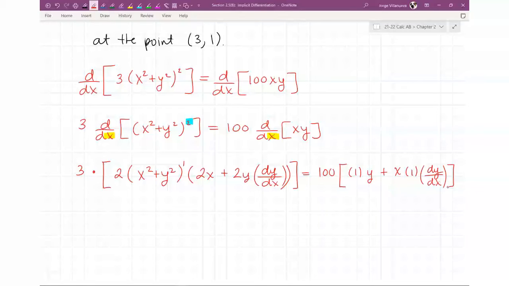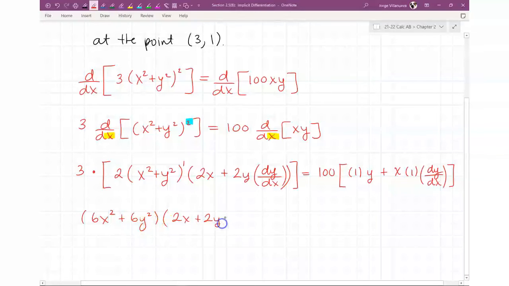Okay, so that's going to be 6x squared plus 6y squared times 2x plus 2y dy dx equal to 100y plus 100x dy dx.